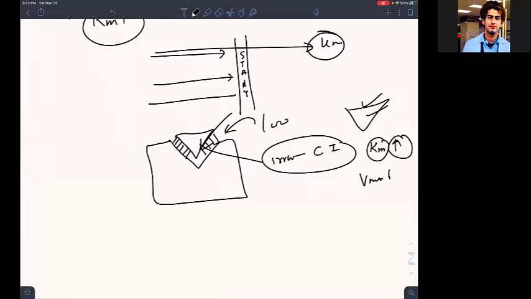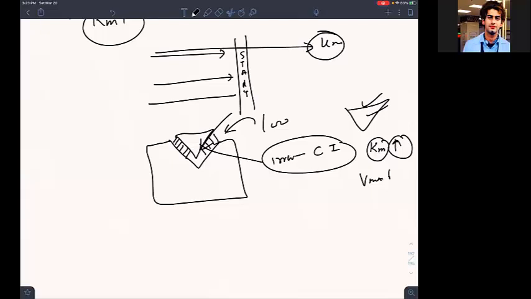So if you are talking about competitive blocking, competitive antagonism or competitive inhibition, you should remember that in competitive antagonism there will be a competition between agonist and antagonist, because they have to bind to the same site on the enzyme.